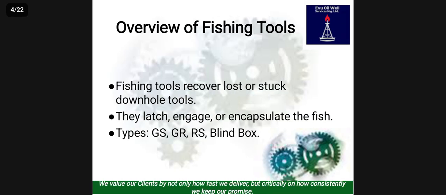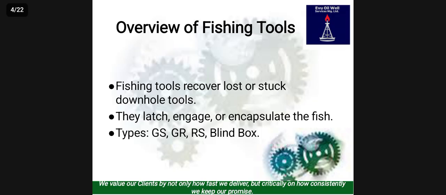Overview of the fishing tools. Fishing tools are used to recover lost or stuck equipment in the well. They either latch, hook, or strike the fish to bring it out.